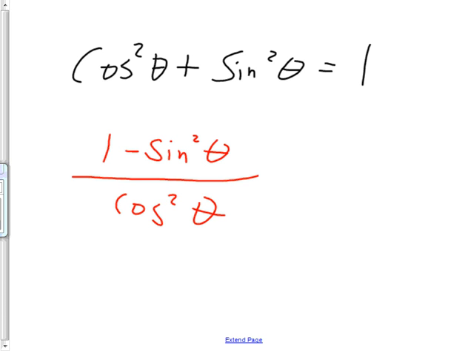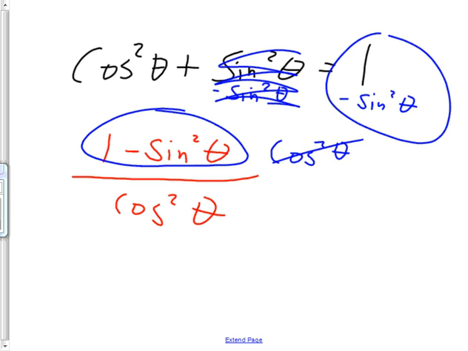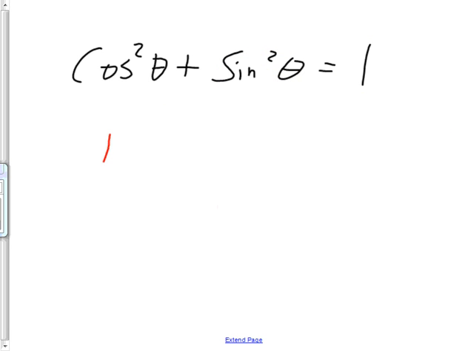If I subtract sine squared theta from both sides, I'll get that cosine squared is equal to 1 minus sine squared theta. So basically the top here is really just, no, the top isn't 1. What's the top? The top is cosine squared. And then that's going to cancel that, and the answer is 1. The final answer is 1. Okay. All right. So that's an example of how you can use these in problems.